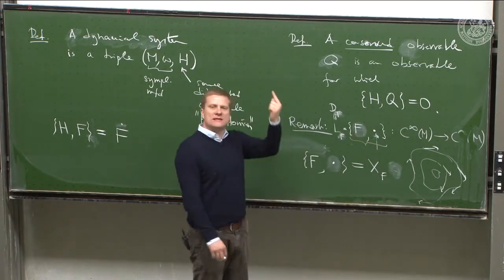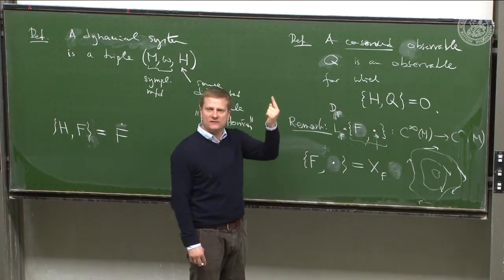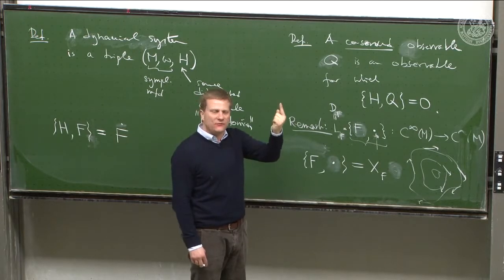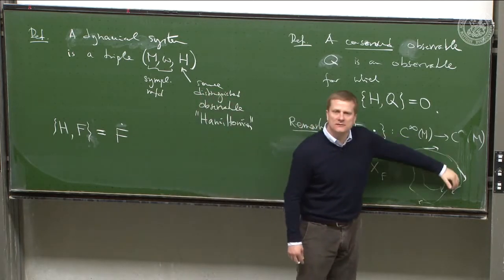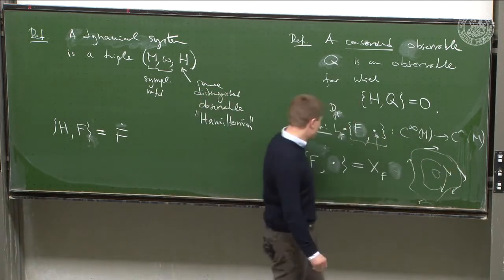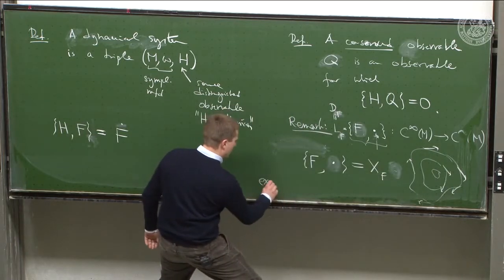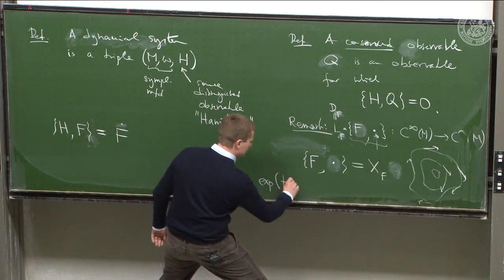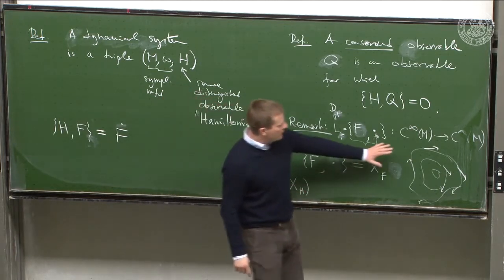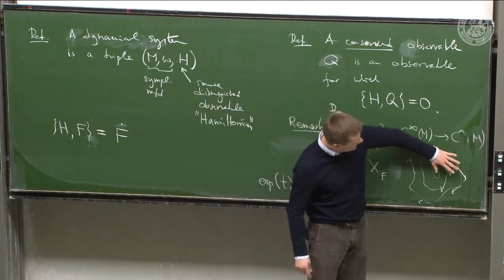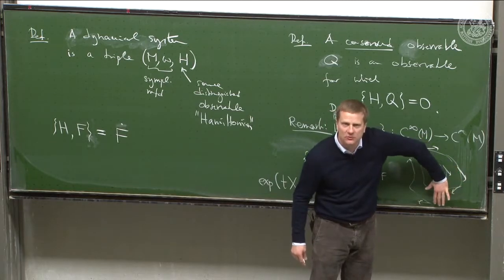And then the exponentiation of that vector field is nothing but the differential geometric exponential map. That means it's the flow along this vector field. And now it's totally clear why exp of t x sub h is the flow as you flow along the Hamiltonian vector field of the Hamiltonian.